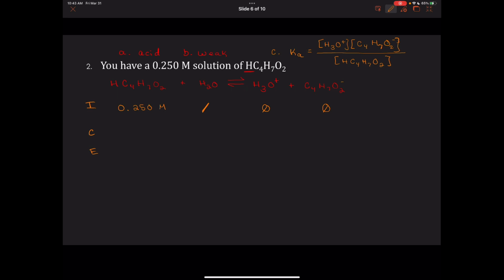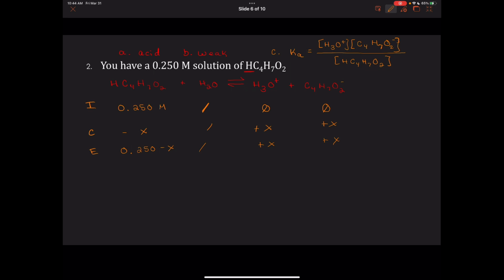So we're looking for equilibrium concentrations, and we have a K value. So we're going to set up the rest of our ICE table in terms of X. So my acid is going to go down by X. My products are going to go up by X. Just like we did in previous equilibrium problems, we take our equilibrium line and plug it into our K expression.